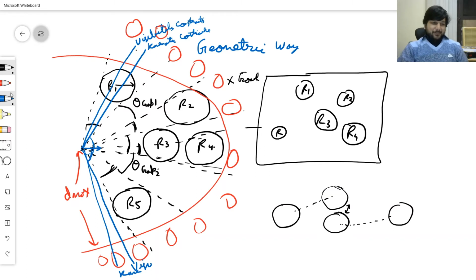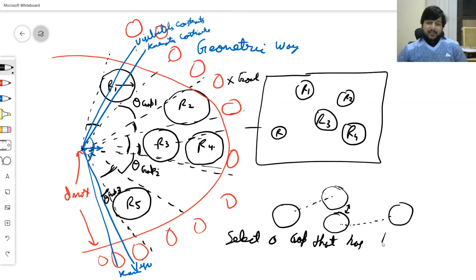And basically that means I can see another gap over here, which is gap 3. Now, I need to select one gap, and this time let me say that I select a gap that has the maximum angular coverage.